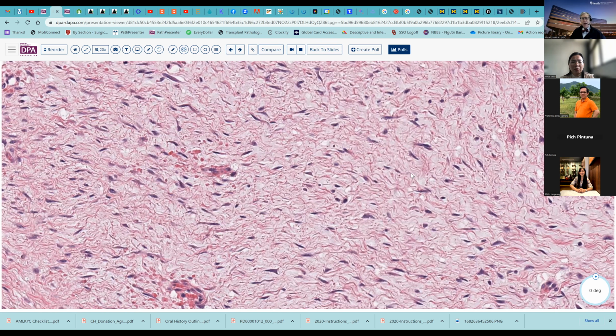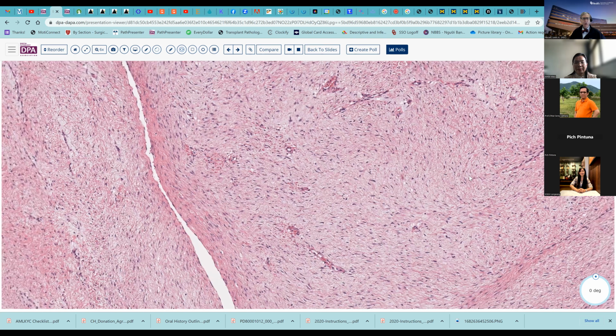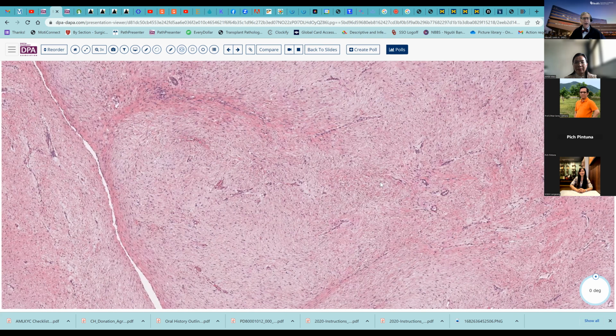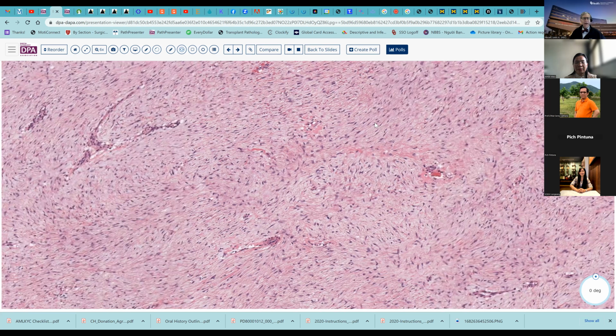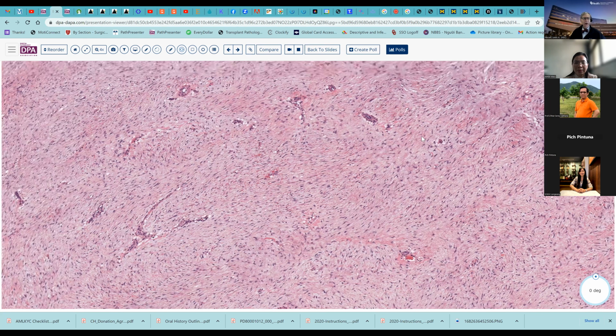And the background is often wavy collagen like this with maybe some myxoid change, maybe some red cells, sometimes a little bit more fibrosis. It's very unusual to find mitotic figures or any degree of necrosis. But as you can see, you'll have a bit of a vascular background, small vessels coursing through this.